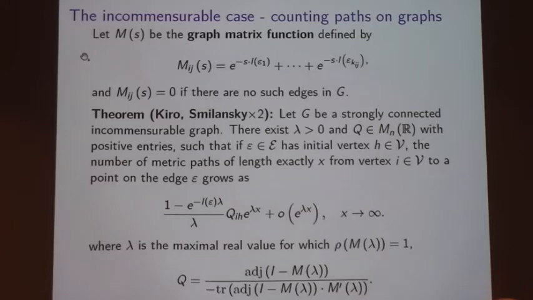So you say it grows exponentially in lambda. Lambda is the parameter, and the coefficient is given by this thing, essentially. So this is only a function of the graph structure and of this lambda that we show exists.